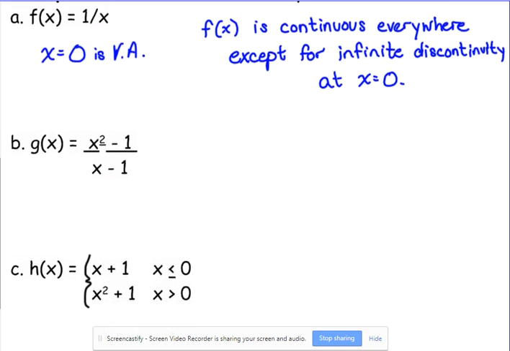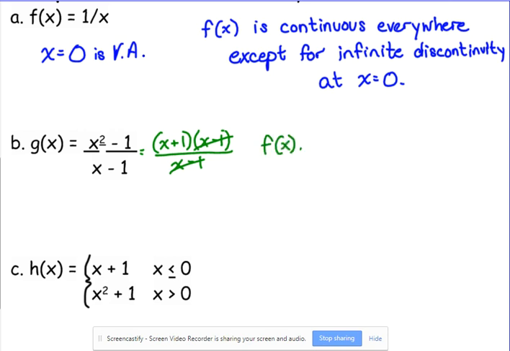Let's look at B. g of x is equal to x squared minus 1 over x minus 1. Again, rational function. We should be thinking holes and asymptotes. We can factor this one, so we need to do so to see if we have a hole or an asymptote. In this case, it is a hole.